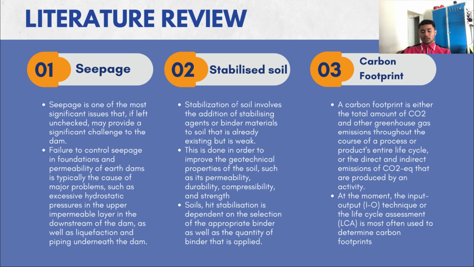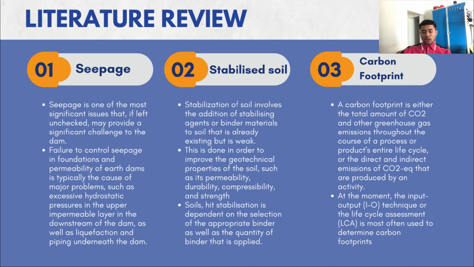So next is stabilized soil. So stabilization of soil involves the addition of stabilizing agents or binder material to soil that is already existing but is weak. So this is done in order to improve the geotechnical properties of the soil, such as its permeability, durability, compressibility and strength.